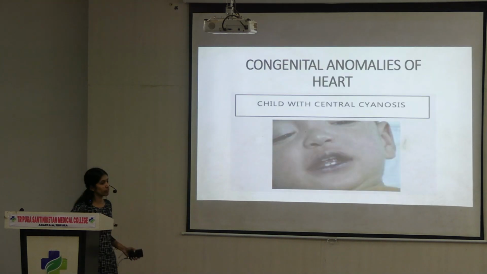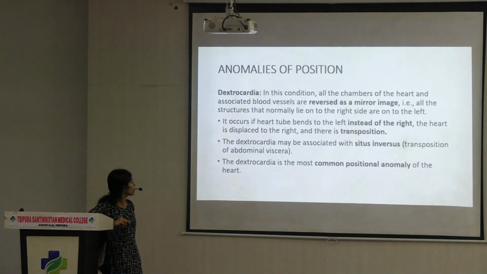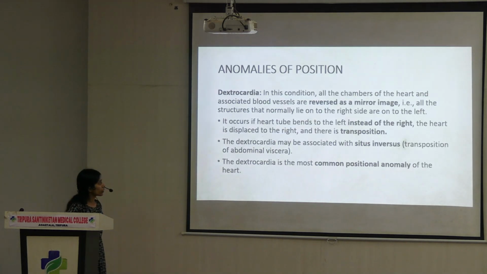Okay, so the very first condition, as I mentioned in the morning session, is dextrocardia. In this condition, all the chambers of the heart and associated blood vessels are reversed as a mirror image. That is, all the structures that are normally present on the right side will be present on the left and vice versa.